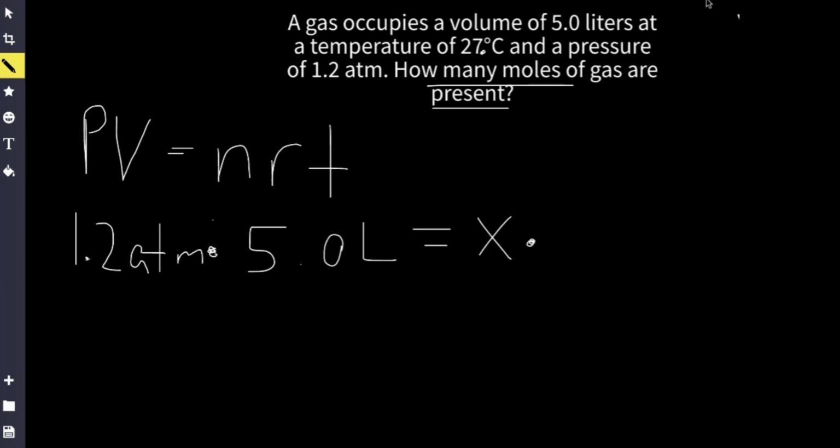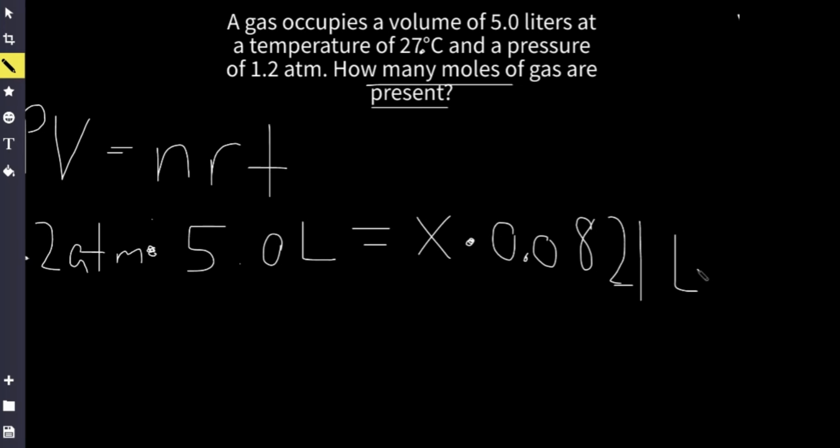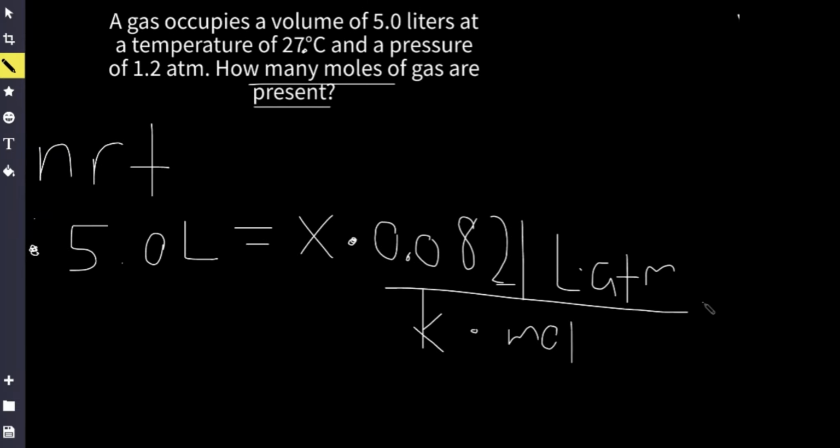You can check back before, like a couple of seconds ago, to see what the ideal gas constant is. 0.0821, and that's going to be liters times atm over Kelvin times moles. And then that's going to be multiplied by our temperature.